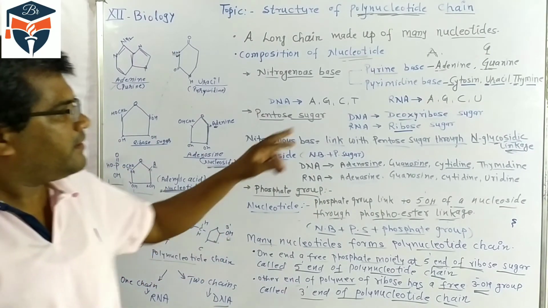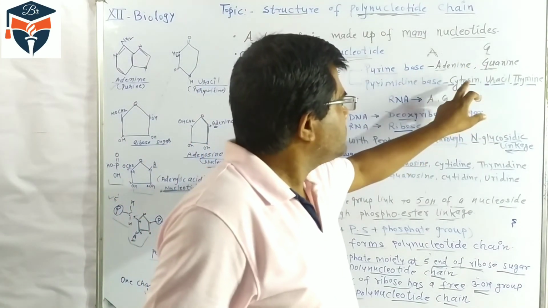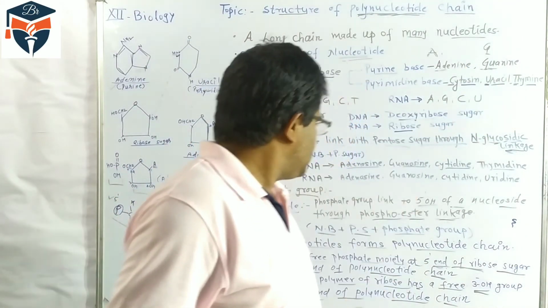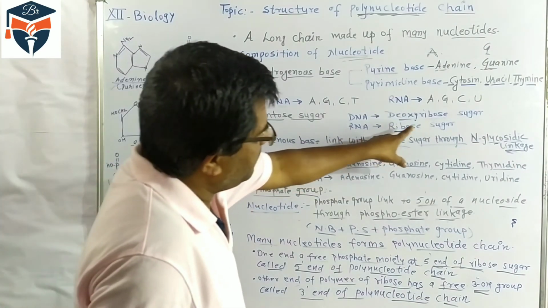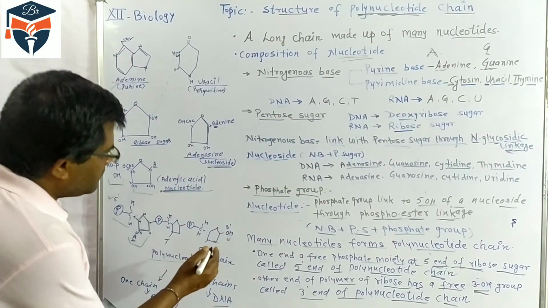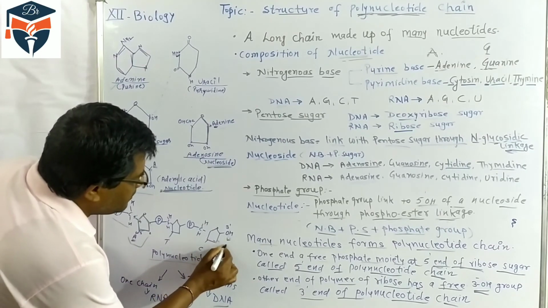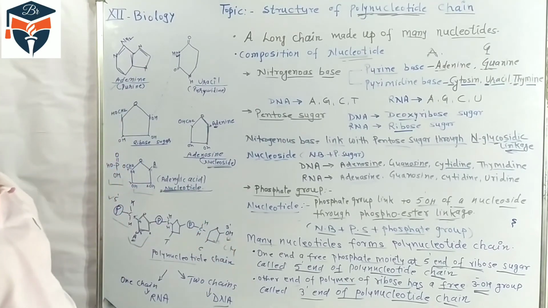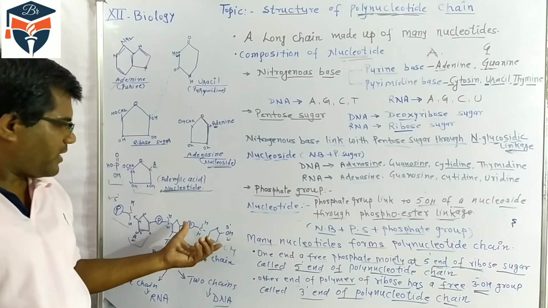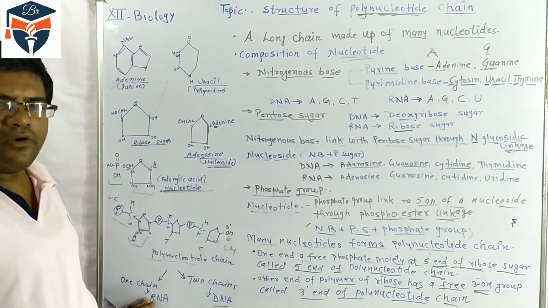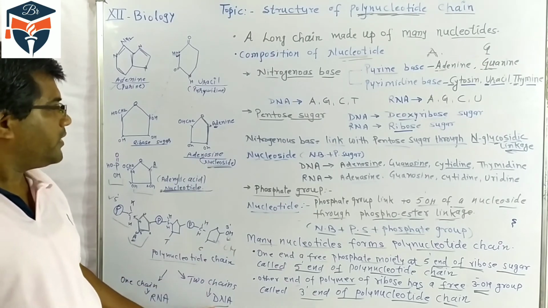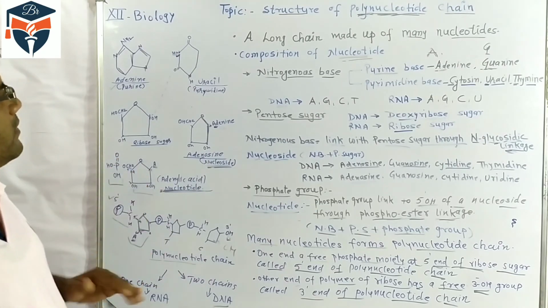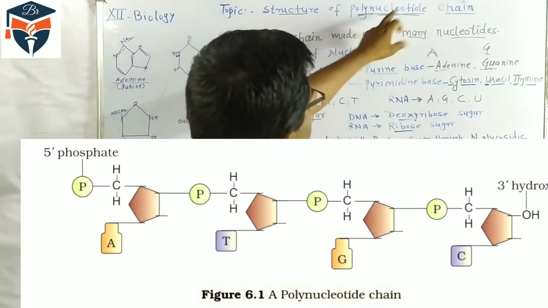But in RNA, the nitrogenous bases are adenine, guanine, cytosine and uracil, and the sugar is ribose sugar, and at the second carbon atom there is also one additional hydroxyl group, and that's why RNA is a more unstable and active molecule as compared to DNA.